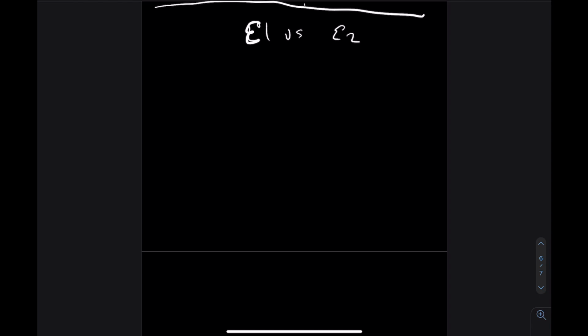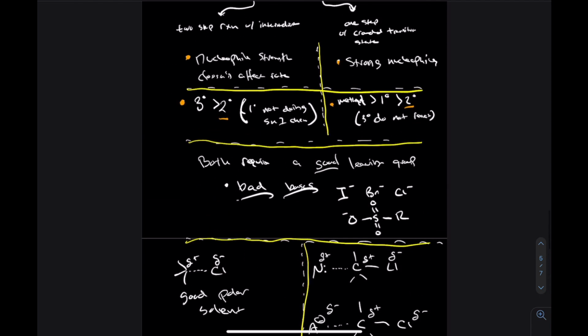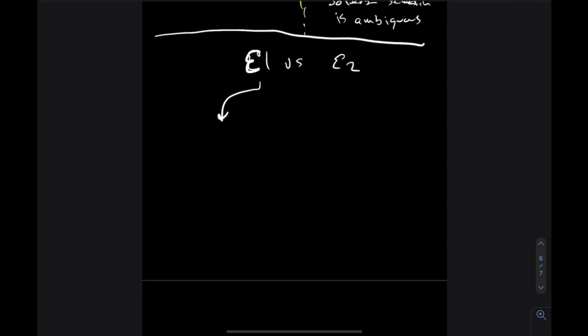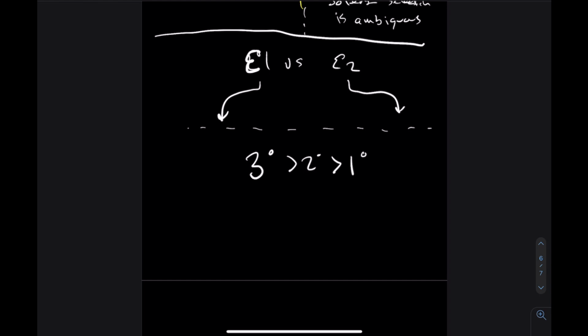And so in both cases, E1 and E2 elimination, how did I have that structured here? You can just draw it like that, and then we can draw it like that. But in this case, both tend to favor tertiary over secondary over primary, with primary being unlikely to undergo elimination at all.